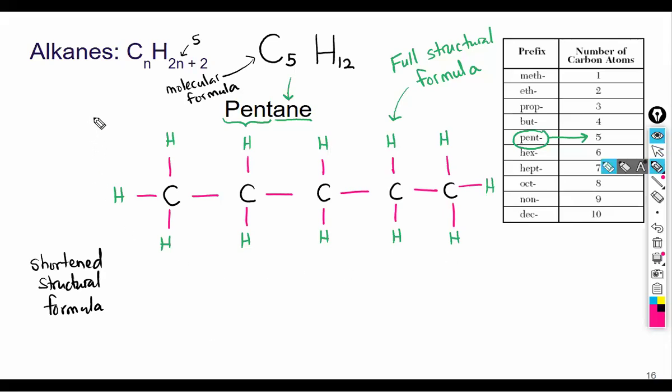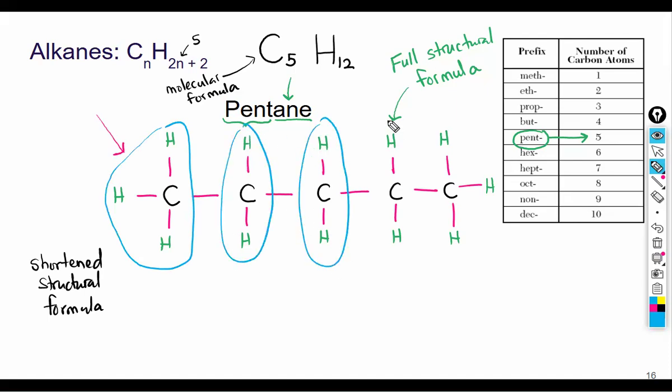The shortened structural formula is where you take the full structural formula and make it a little bit simpler. Look at this here. I'm going to box off this section, this section, this section. It's easy to visualize.